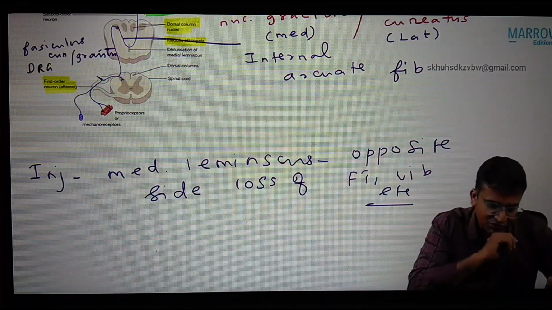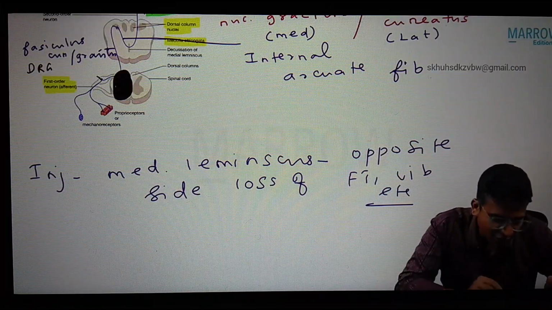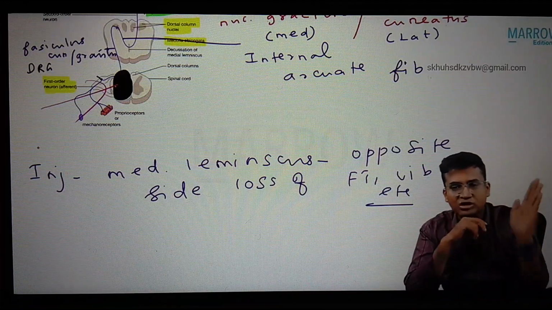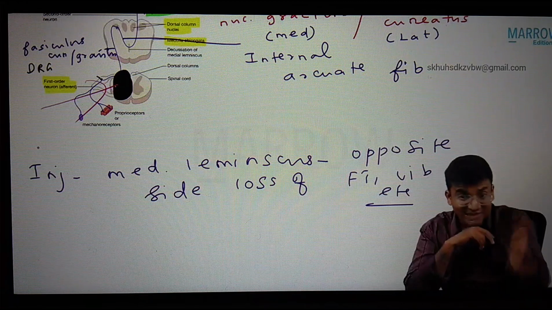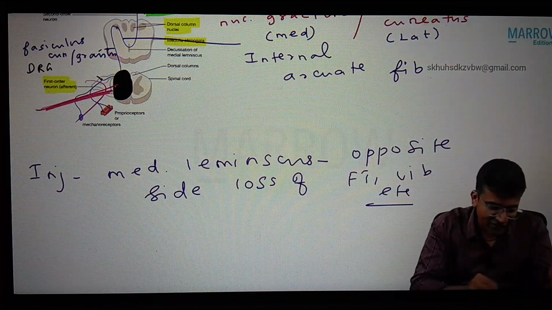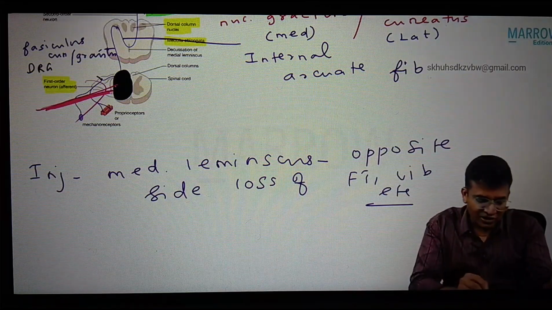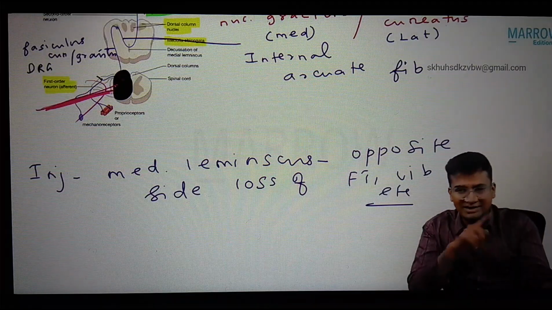Now injury to the dorsal column tract in the spinal cord. Then no fiber is entering the spinal cord. So injury to dorsal column tract in the spinal cord, now where is the effect? On the same side. So on this side, there is loss of fine touch, vibration, etc. Clear? Injury to dorsal column tract in the spinal cord means that no fiber enters the spinal cord on that side.